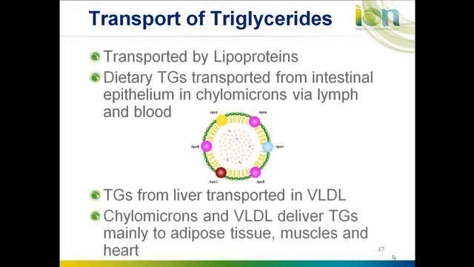But then, going the other direction, there are also very low density lipoproteins, so fats and proteins, which transport triglycerides from the liver to the peripheral tissues, so the adipose tissues, the fat tissues, and the muscles and the heart.